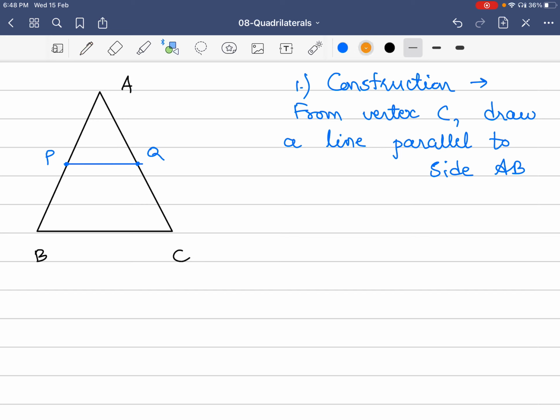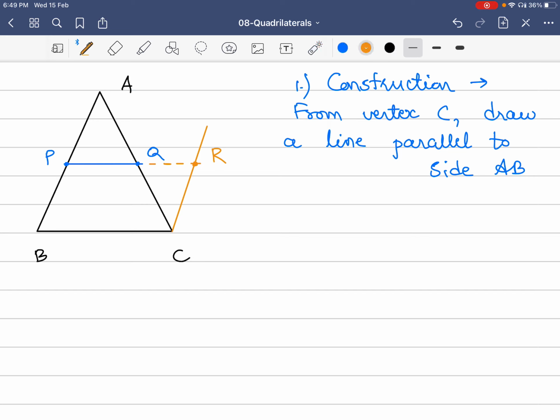Let me try to draw a line parallel to this. So this line is parallel to the side AB, and now this line PQ we will extend till it connects this line. So I will just extend this line, and it intersects the line at this point. Let's call this point R. So this is a construction from vertex C: draw a line parallel to side AB.